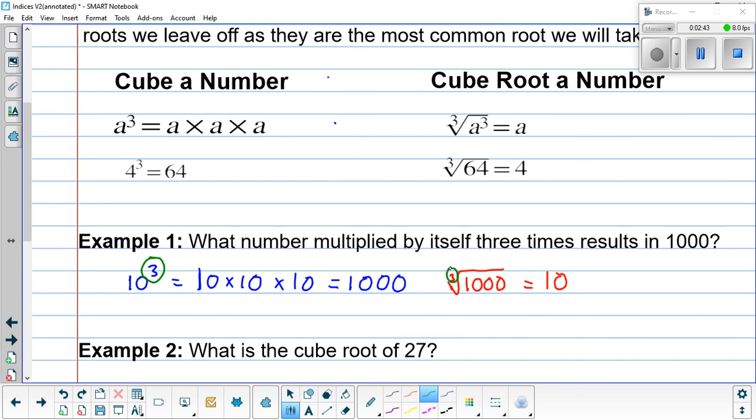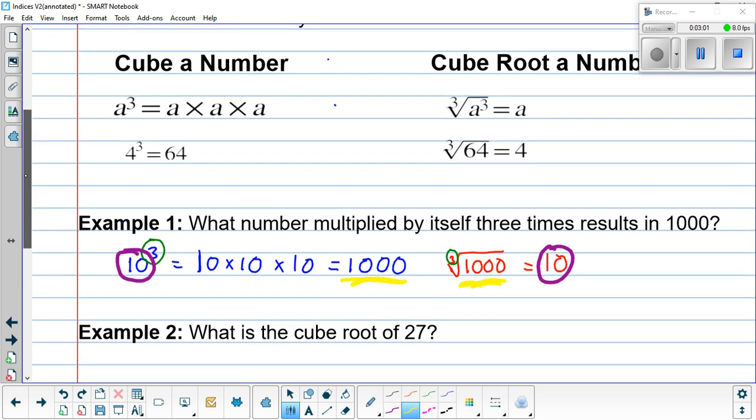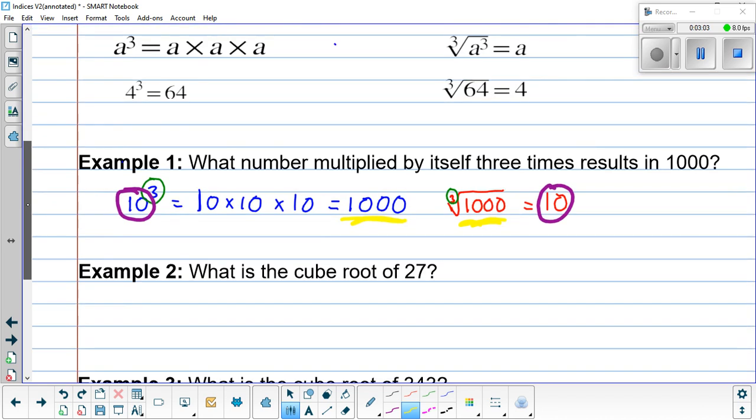We still have this base of 10, and then we still end up at some point having this value of 1,000. Either we start with it or we end with it. So one is forward, one is backwards. If you can understand the forward method really well, the backwards method is just a result.